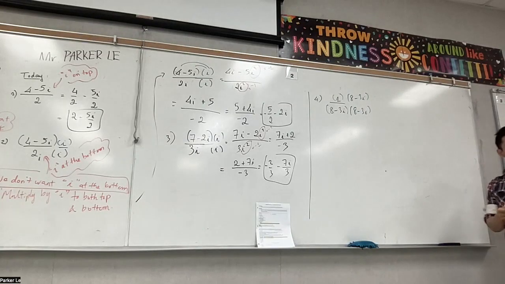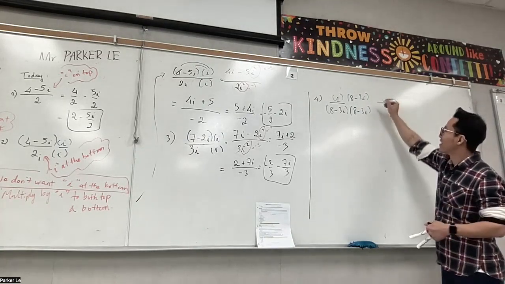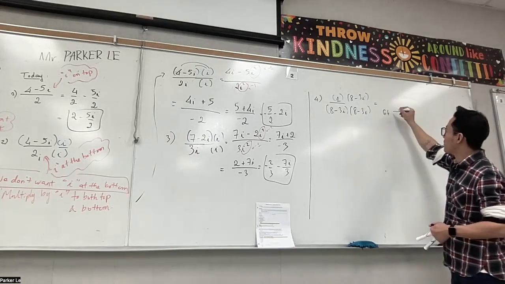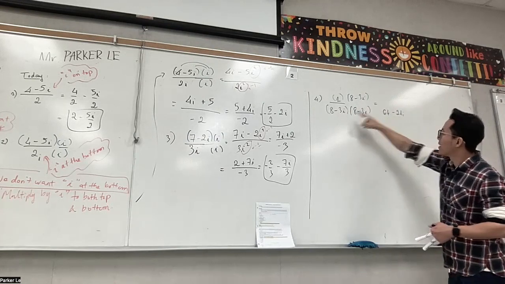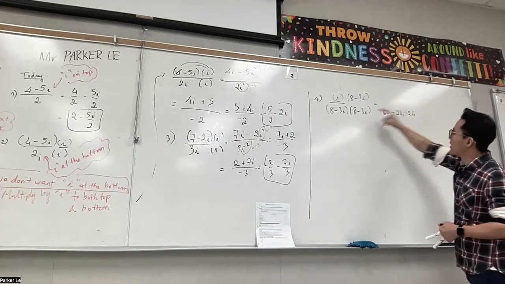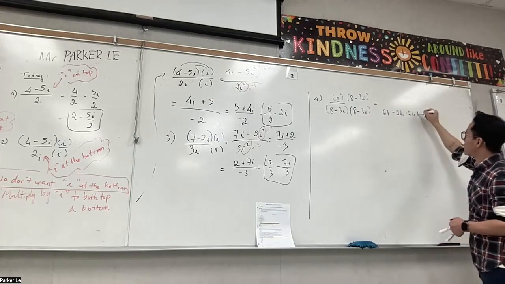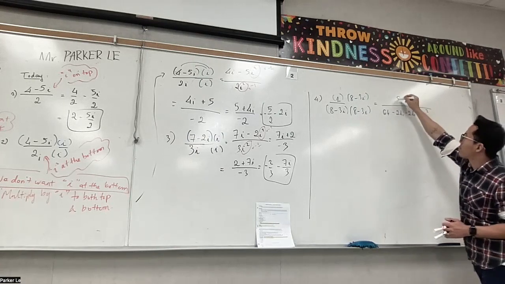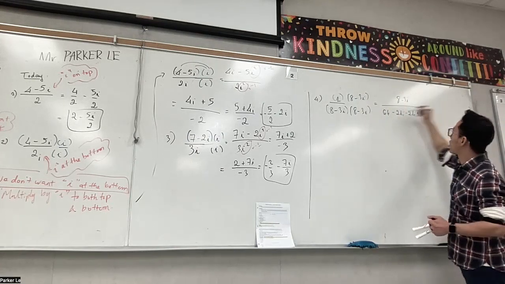Do you think so? Let's try. 8 times 8 is 64. 8 times -3i is -24i. -3i times 8 is -24i. And then -3i times -3i is +9i squared. Let's not worry about the top, because we multiply by 1, so it doesn't change.